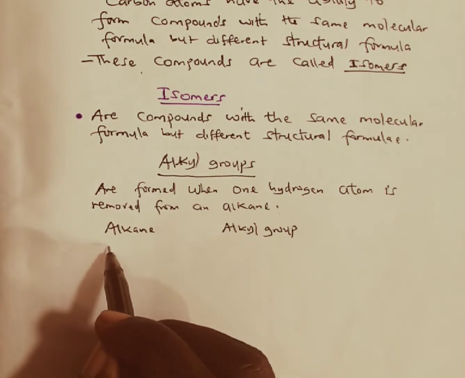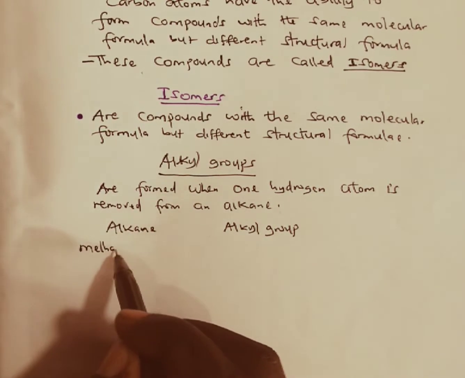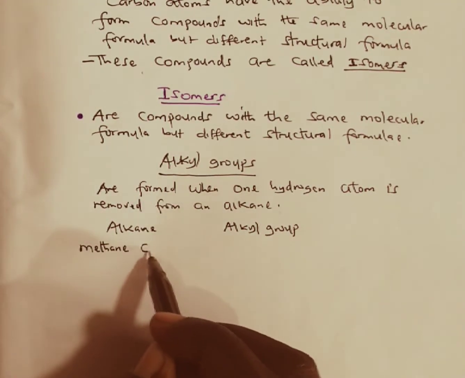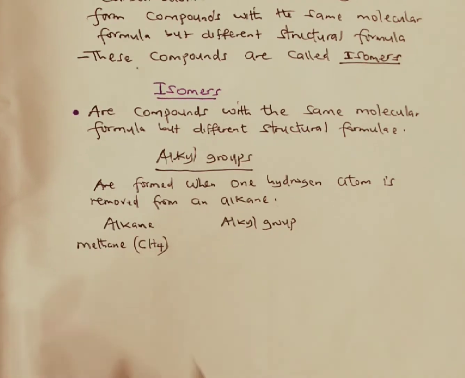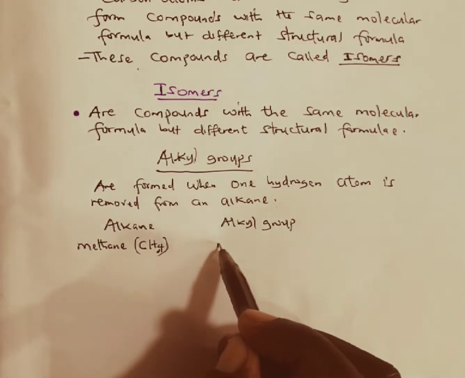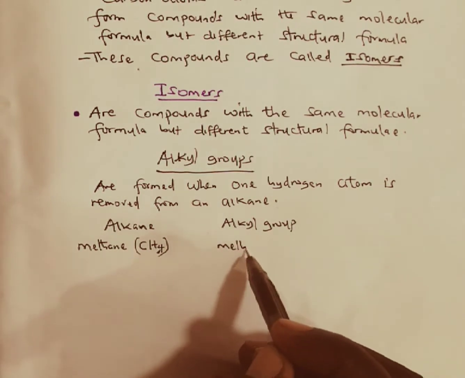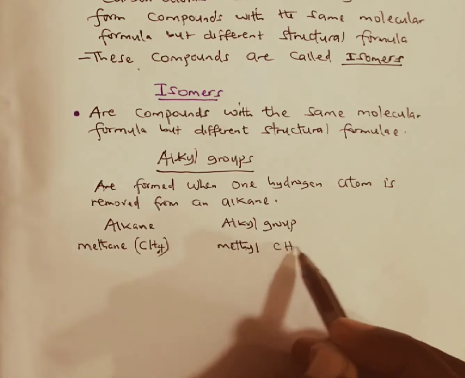If we talk about methane with the molecular formula of CH4, if we remove one hydrogen atom from methane, we are going to have a group called a methyl with CH3.